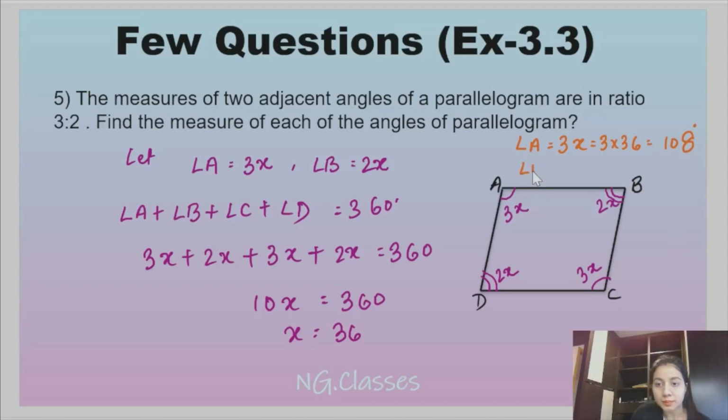Angle B will be 2x, which means 2 into 36, that is 72°. Angle C is also 3x, which means 108. This one is also 108. And this one is also 72°. So we got the measurement of each and every angle.